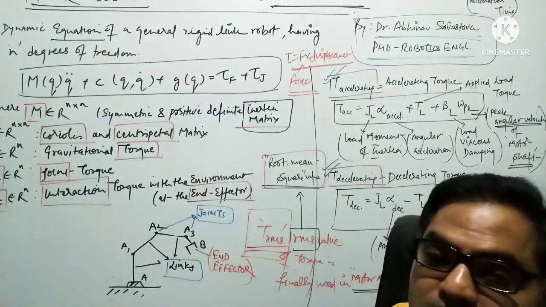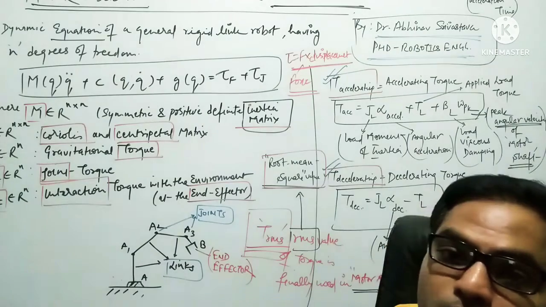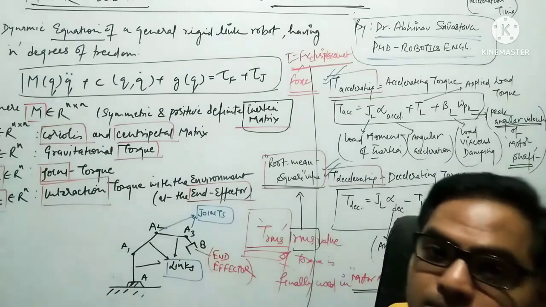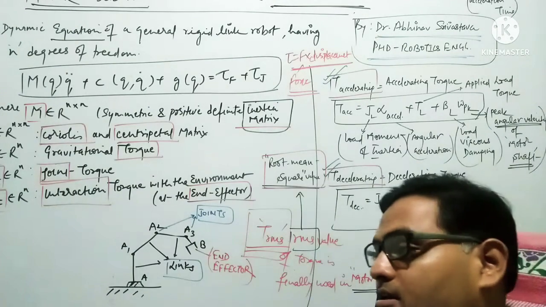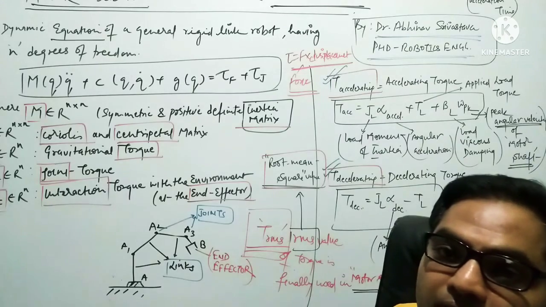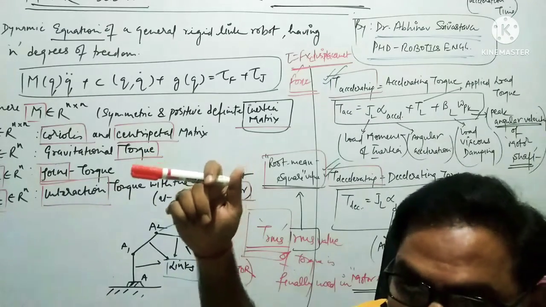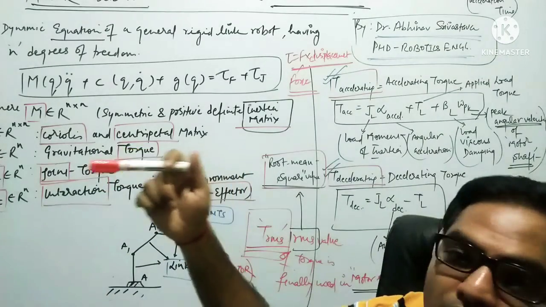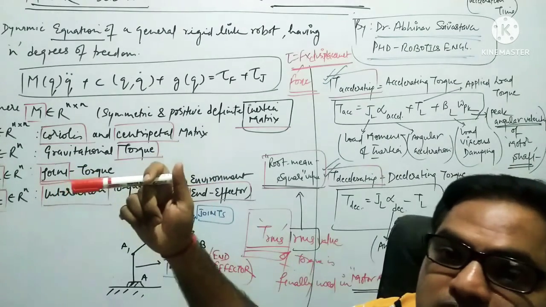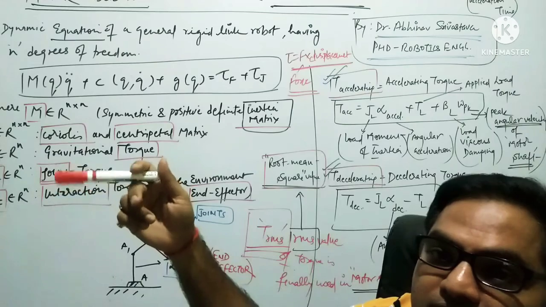After discussing these equations, we also incorporate certain things like dwell time. Dwell time is very important in robotics engineering. The dwell time signifies the time during which the robot arm remains at a fixed position while its end effector is working.